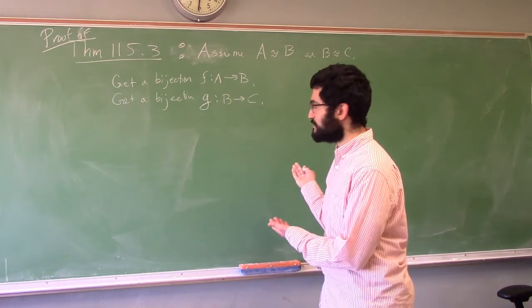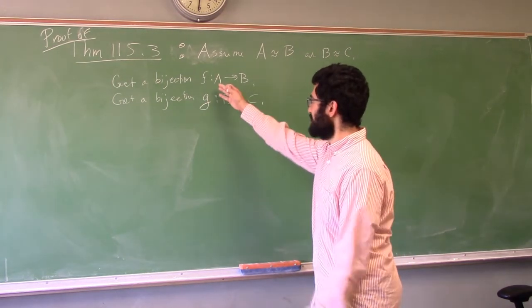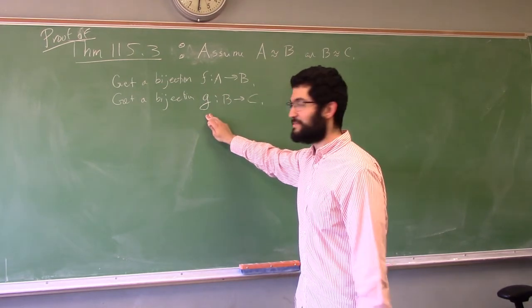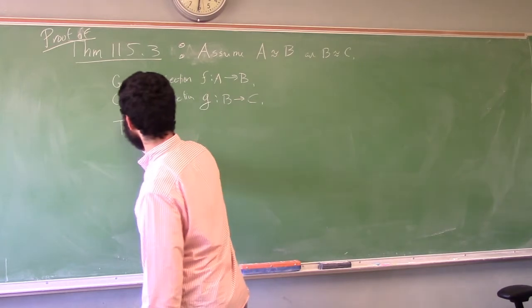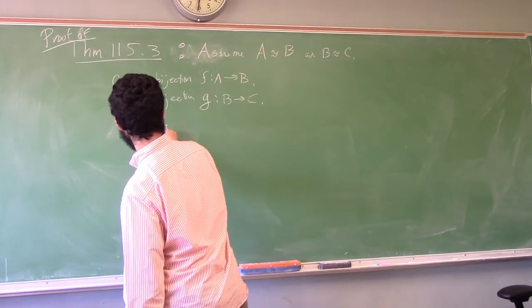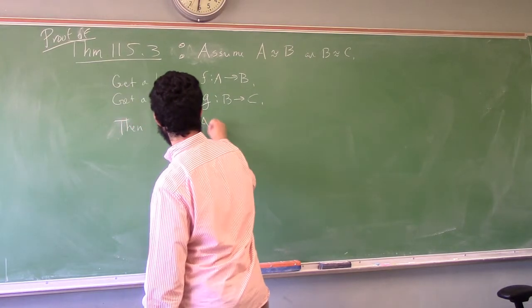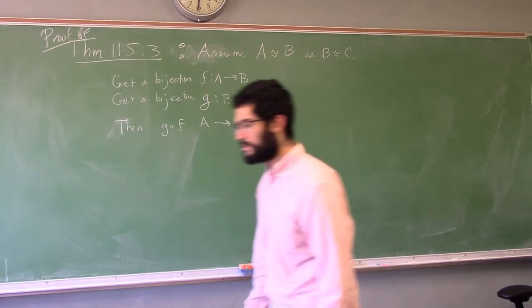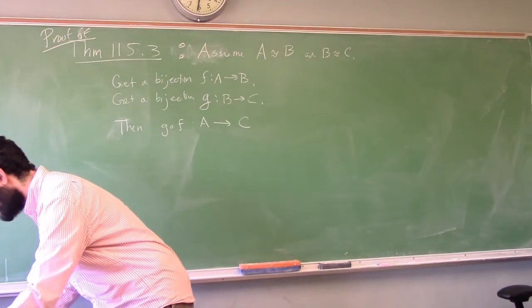Well, this is sort of screaming at you, please use composition, right? F and G really want to be composed together. So then G composed with F maps A to C. So why is that? That's the essence of composition theorem.